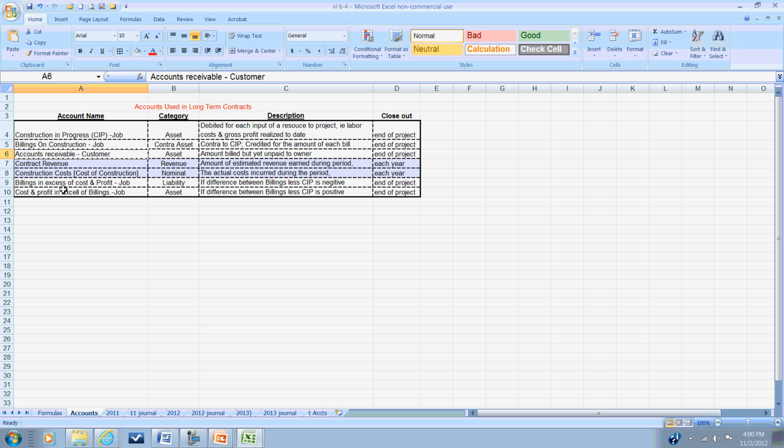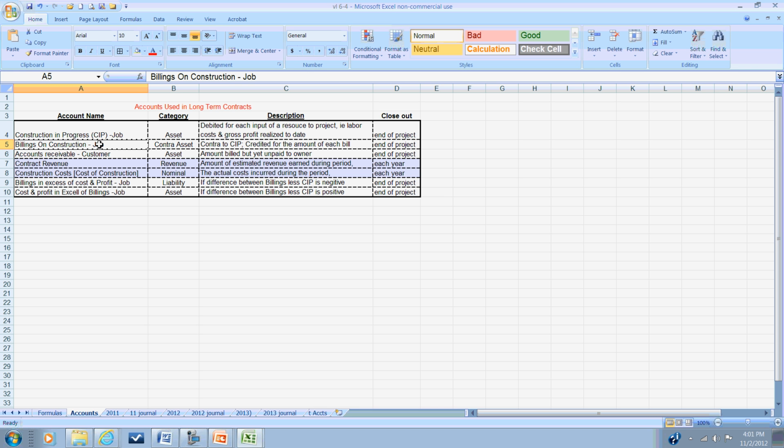As we bill our customer, we have an accounts receivable. And we'll also have another account, since we're not going to be crediting revenue. We are going to be crediting, for every dollar we bill our client, an account called Billings on Construction.